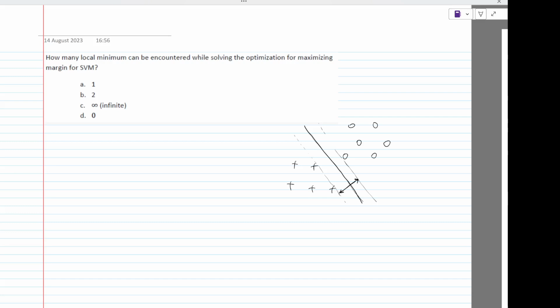If you remember from the lectures, if your hyperplane is of the form A transpose xi plus b, then the margin is given by 2 by norm of A. This is the margin.